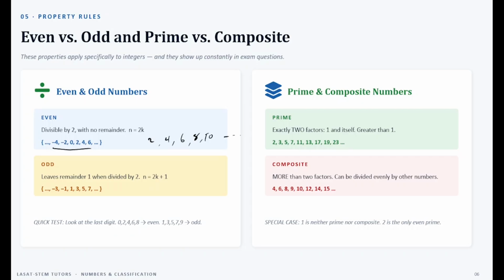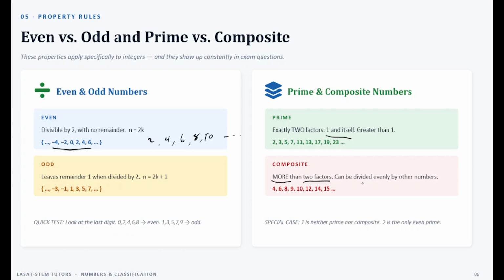And then we have prime and composite numbers. Prime numbers are numbers that have exactly 2 factors, itself and 1. So 1 is not included. 1 is not a prime number because 1 has only 1 factor, itself, so it cannot be regarded as a prime number. And then we have composite numbers. Composite numbers are numbers that have more than 2 factors, and they can be divided evenly by other numbers.